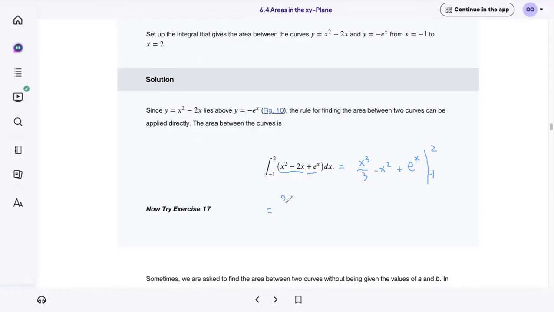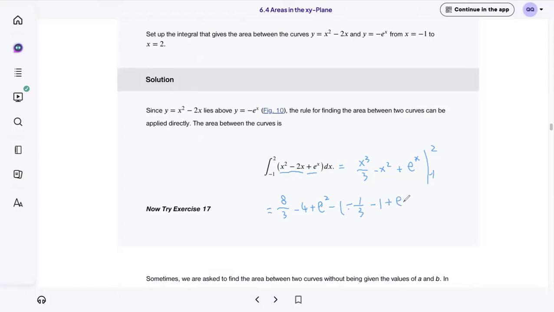So from 2, we get 8 divided by 3 minus 4 plus e squared. From negative 1, we subtract: x cubed, negative 1 raised to 3, is still negative, negative 1/3. Negative 1 squared is positive 1, but we still have this negative sign, so minus 1.